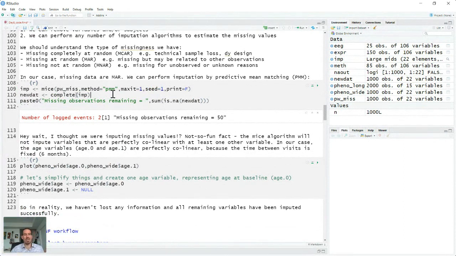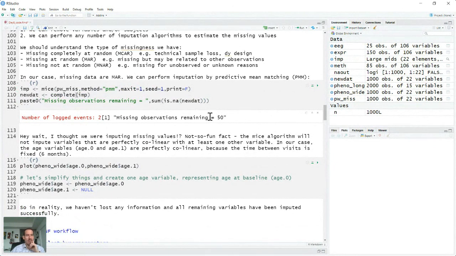So you're taking your missing data set, creating like 5 or 10 more complete data sets that are all a little different but don't have missing data, and can funnel those into your actual modeling steps. We're not doing that. In this case, I'm just taking one iteration, max it one. I'm taking one guess at random space with the seed, so it should be the same for everybody, to get a complete data set of new data.